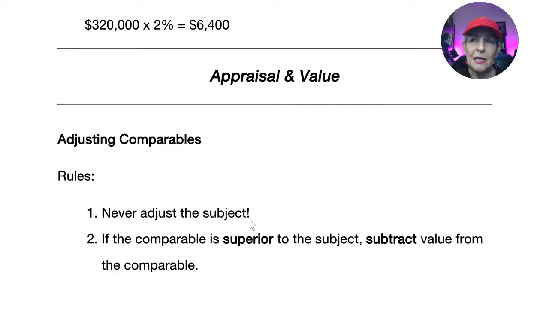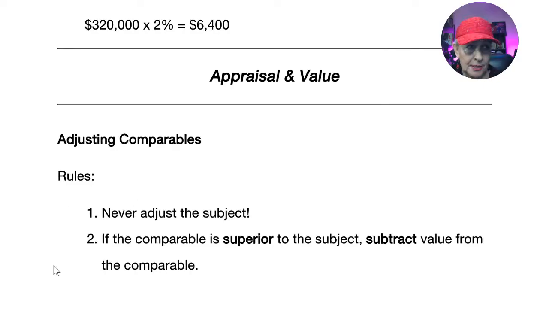So the subject property is the one mentioned, the one for sale, the one that's under contract, right? So we never adjust its price. We adjust the comparable because it either has one more bathroom or one less bathroom. That's how an appraiser will go about it and determine the final price.